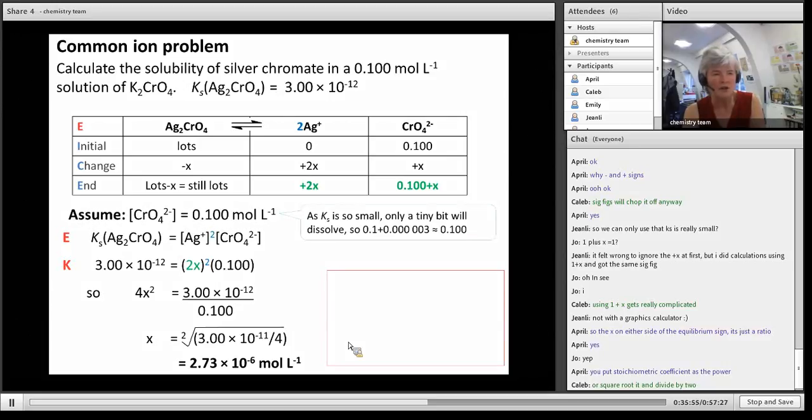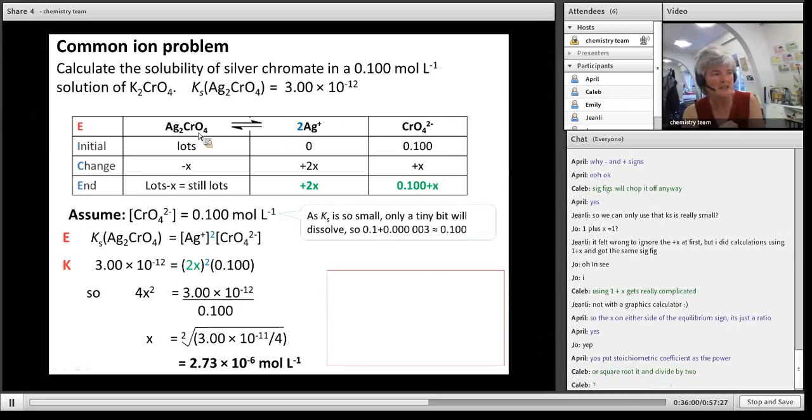April, you were here last week, because remember when I said the equilibrium constant is the multiplication, is the product of the concentrations.